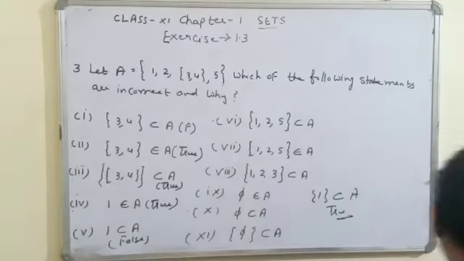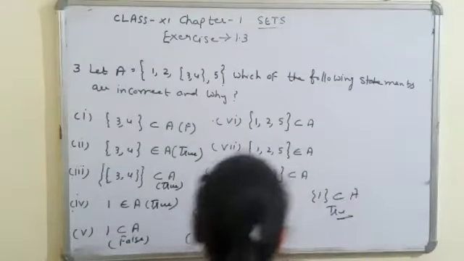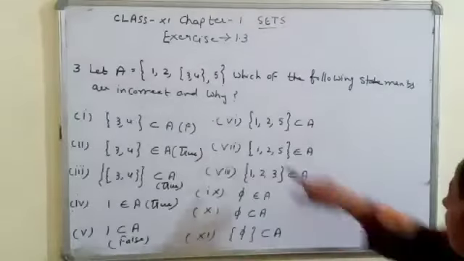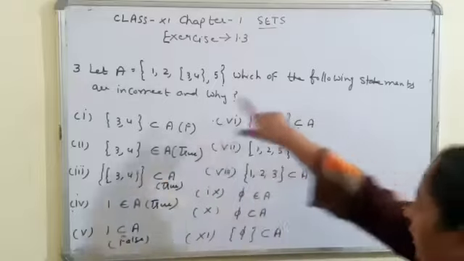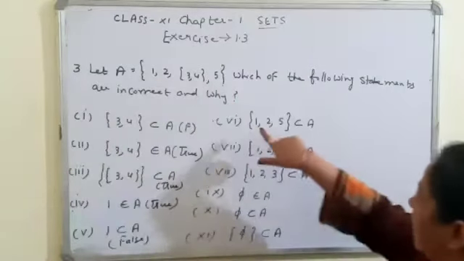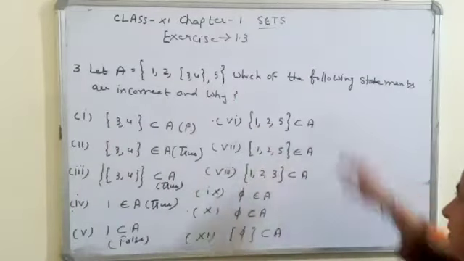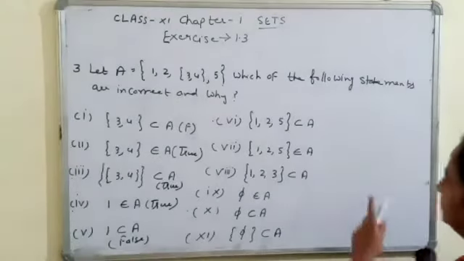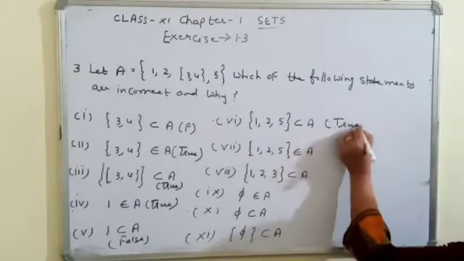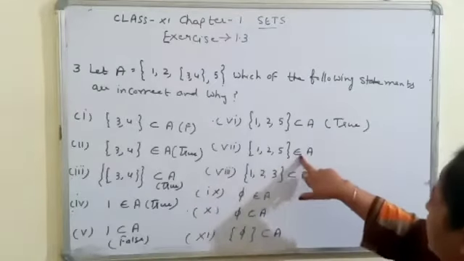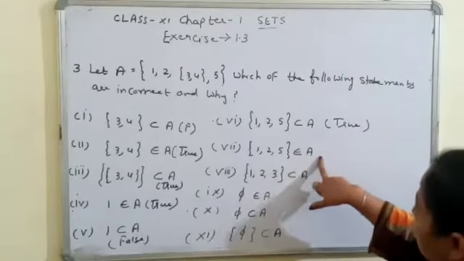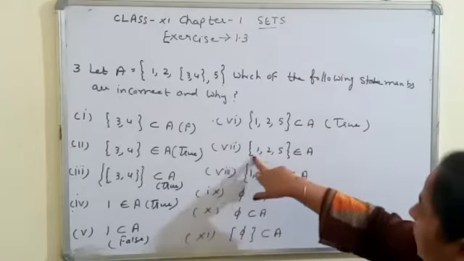Not true. Now, next one is the sixth part. Let's discuss the sixth. {1, 2, 5} is a subset of set A. Yes, {1, 2, 5} is a subset of set A. This is a true statement. And seventh is {1, 2, 5} belongs to set A. Is {1, 2, 5} an element?